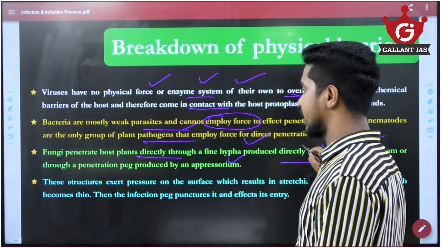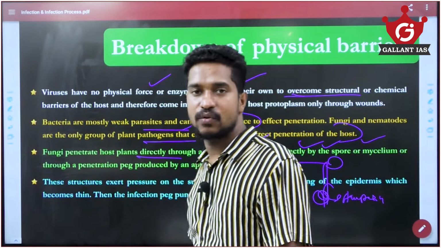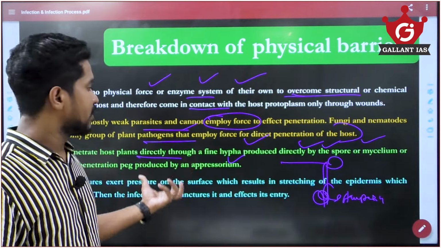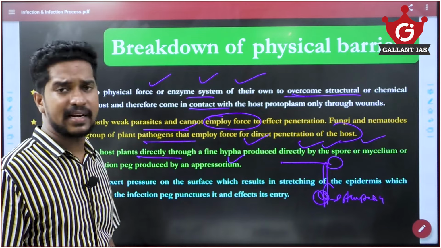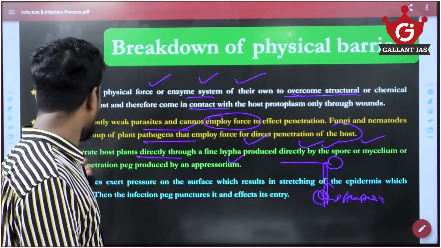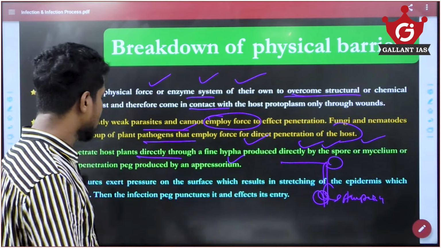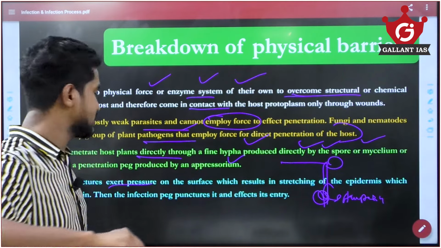So fungi penetrate the host plants directly through a fine hypha produced directly by the spore or mycelium, or through a penetration peg produced by an appressorium. These structures exert pressure.